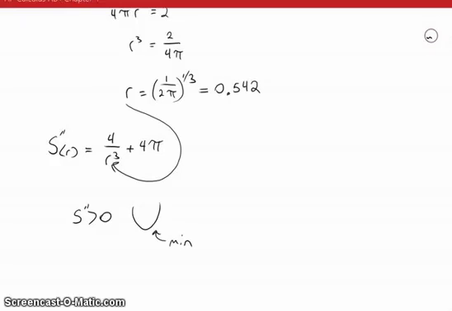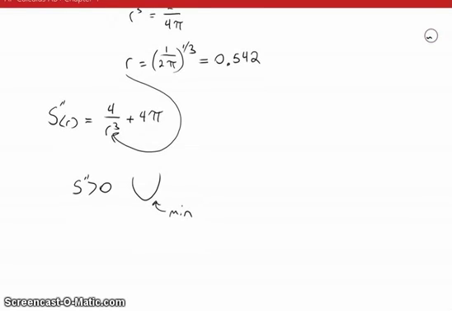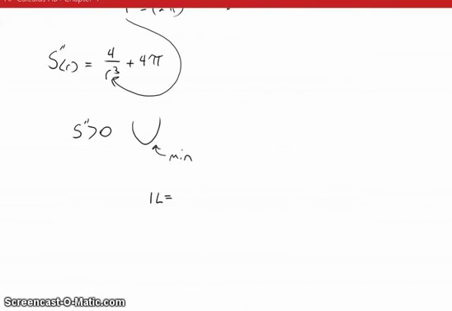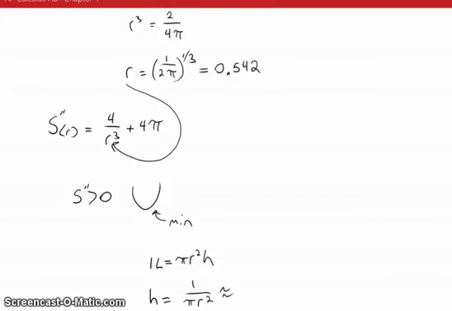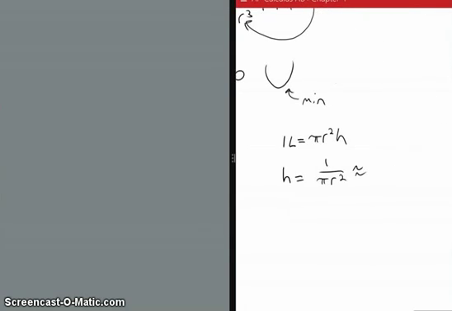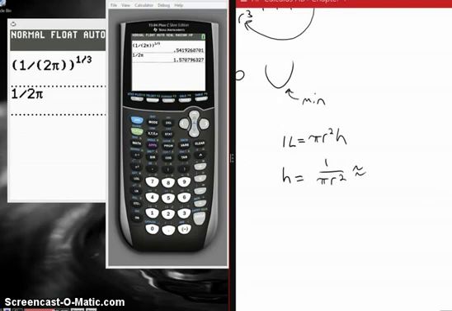And then we can determine what h is because we know that 1 liter equals pi r squared h. And we can solve for h and say that h is equal to 1 divided by pi r squared. And that's approximately equal to, and again, let's type this in.